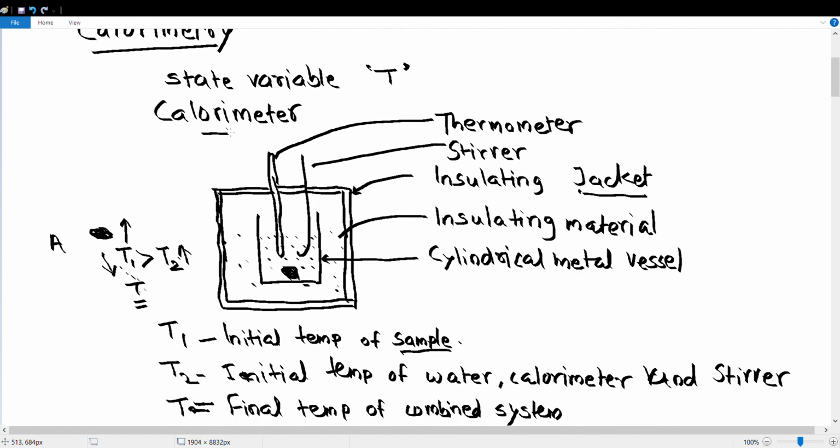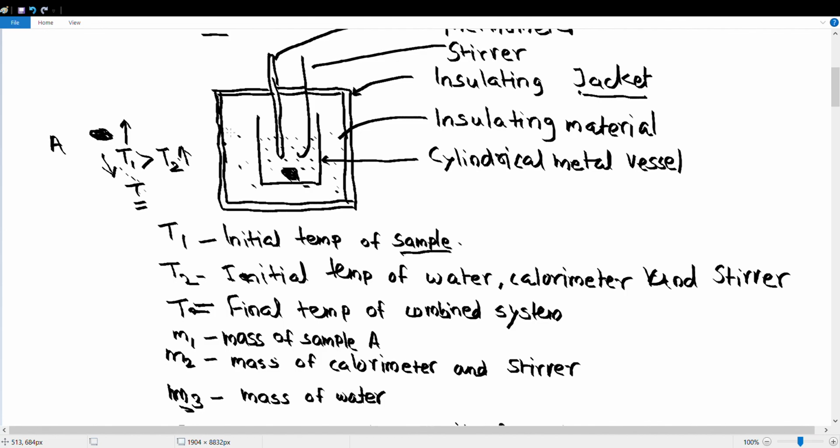The apparatus generally consists of a wooden box which is called insulating jacket. In this insulating jacket there is a cylindrical metal vessel which we call calorimeter, and there is a thermometer and a stirrer. These are the temperatures T1, T2, the initial temperatures of sample, water and calorimeter, and T is the final temperature.